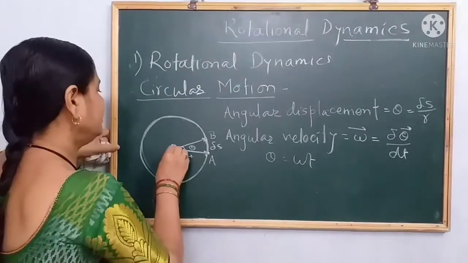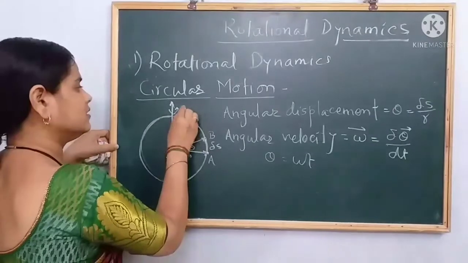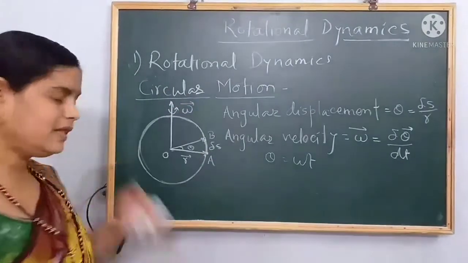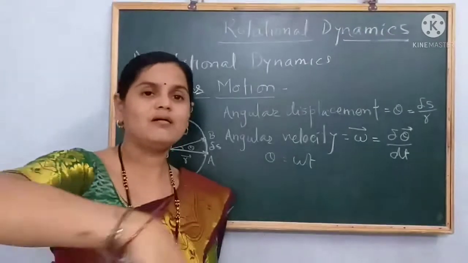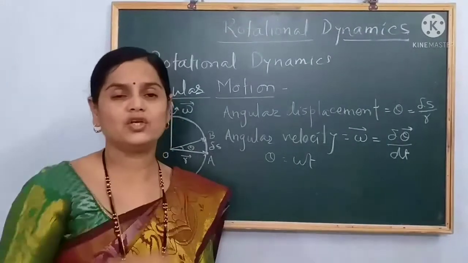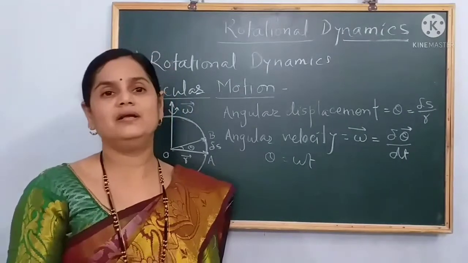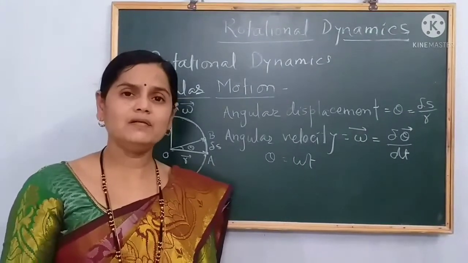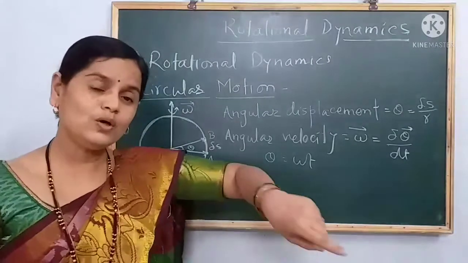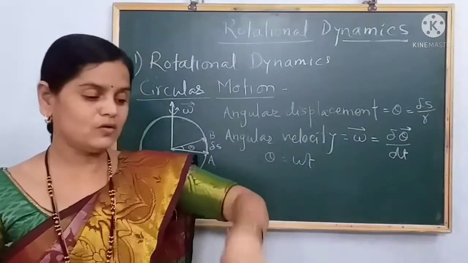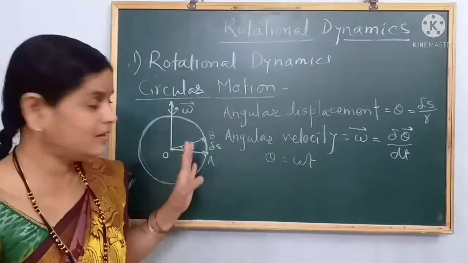The direction of this angular velocity is perpendicular to the plane, along the sense of rotation of the particle which is performing circular motion along the circumference. So perpendicular to this sense of rotation is the direction of angular velocity.